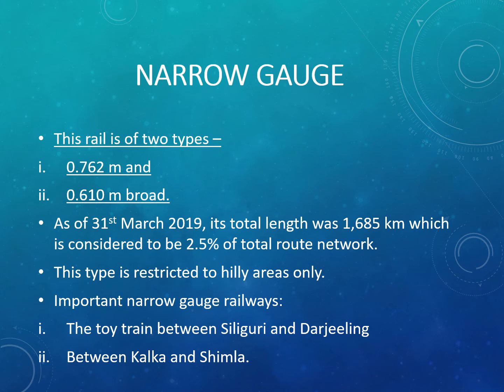This type is restricted to hilly areas only. Important narrow gauge railways are the toy train between Siliguri and Darjeeling and the train between Kalka and Shimla.